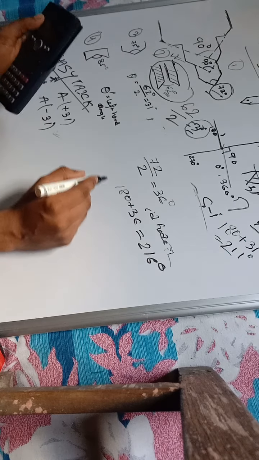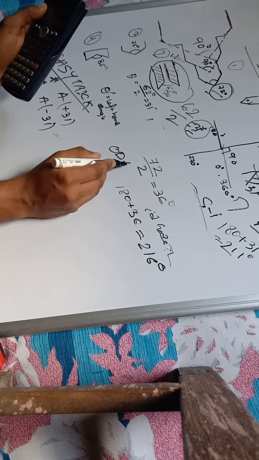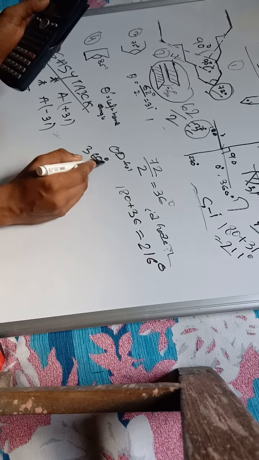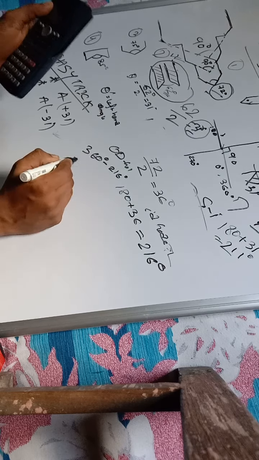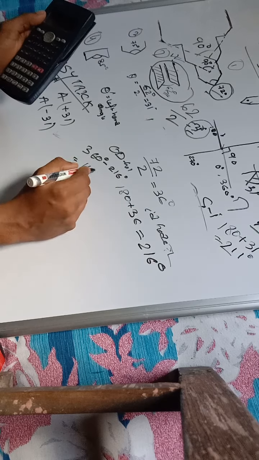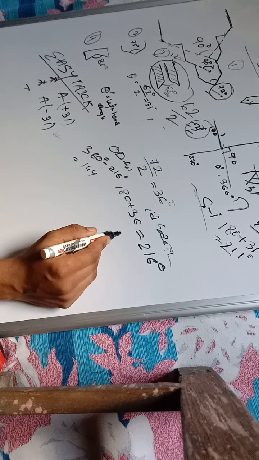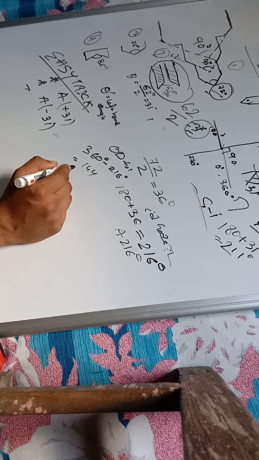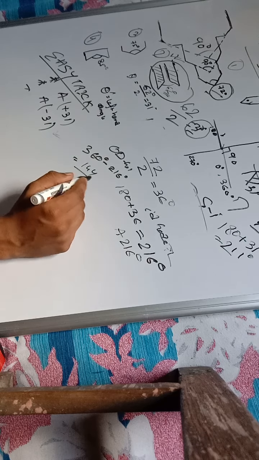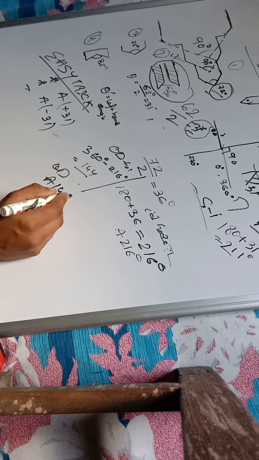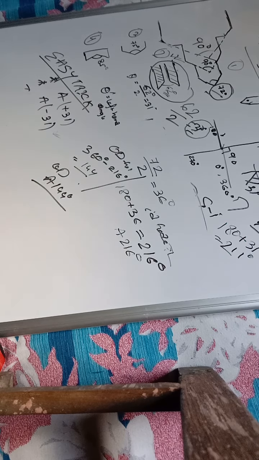And if we use the OD holder, then what is the angle? It will be simply 360 degree minus 216 degree. What is the value of this? It is 144 degree. Simply we will go to the program and put the value of 216 degree for the ID block, and in case of OD block, you may write 144 degree. That will be solved in this way.